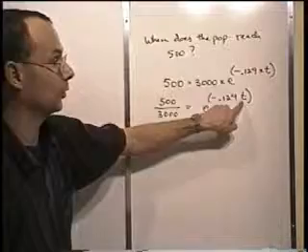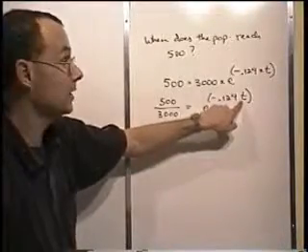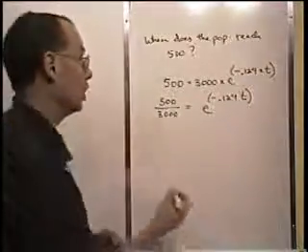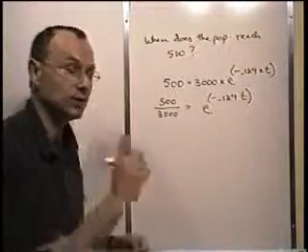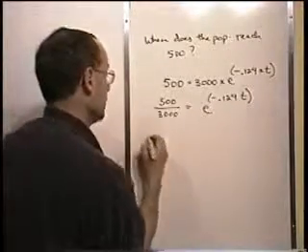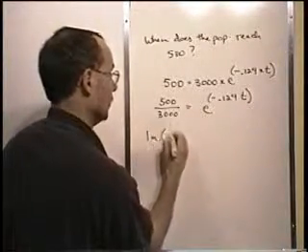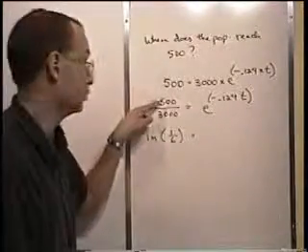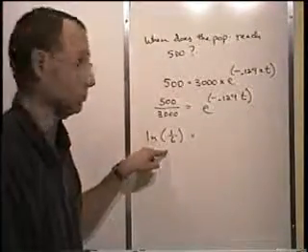The reason is that our unknown, what we search for, is acting as an exponent. Now here's the trick. Because we're dealing with continuous growth, I'm going to take natural logs of both sides. I also put the 500 over 3,000 into lowest terms.